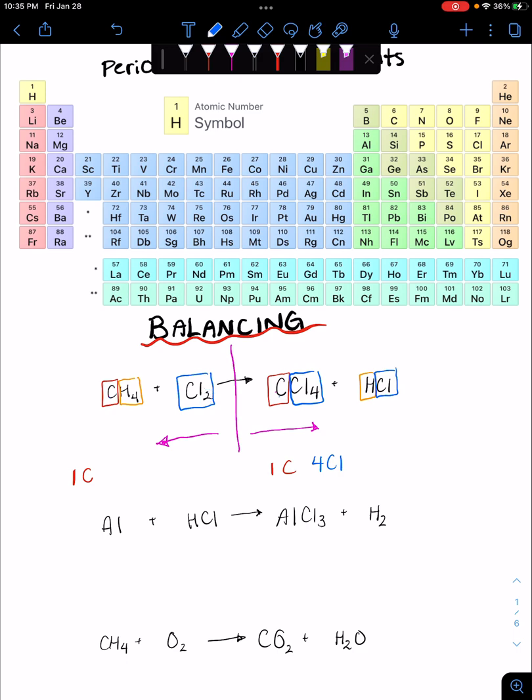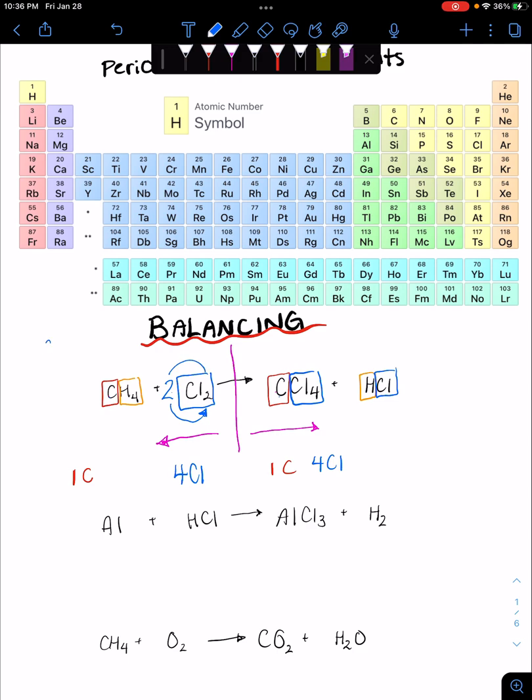How do we make it so that there are 4 Cl's on this side? What we can do is we can add a coefficient, that's what would be in front of the element, and that essentially multiplies this little number. So we have 2 of the Cl2.